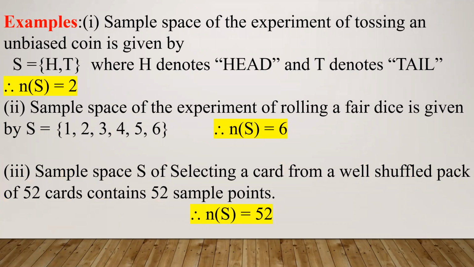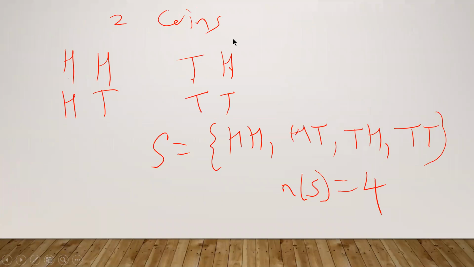So I had given you some examples. Look at the first example. If you toss a coin, you know that either it will land into head or into tail. So these are the only possible results which can come. So if I make a set, and in that set I write down all the possible results of this experiment, which experiment?